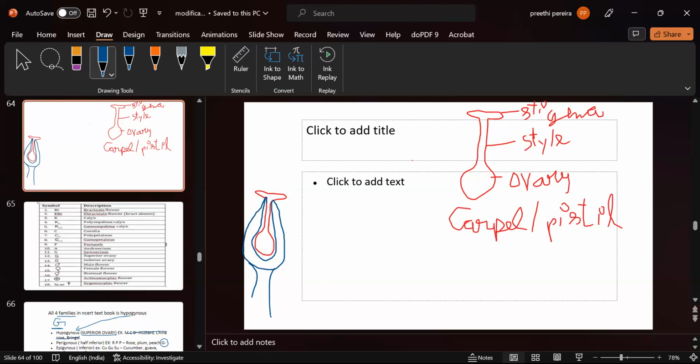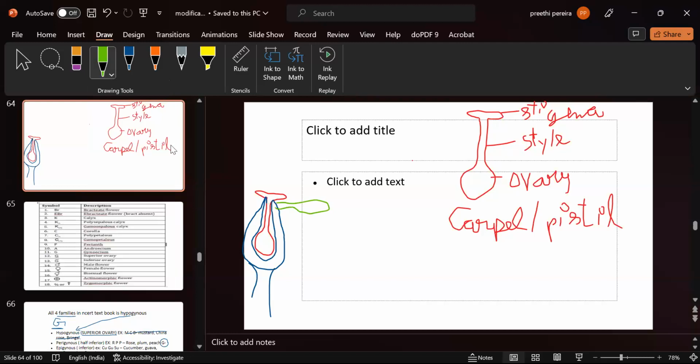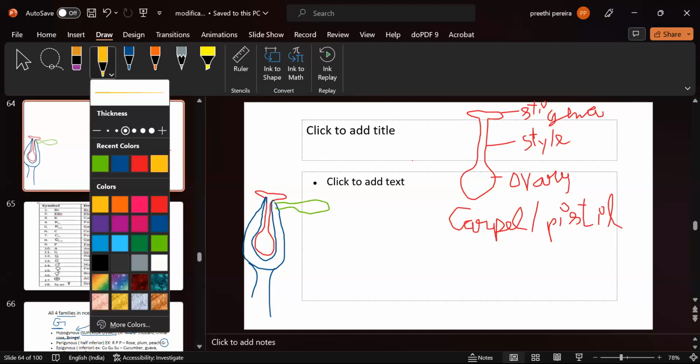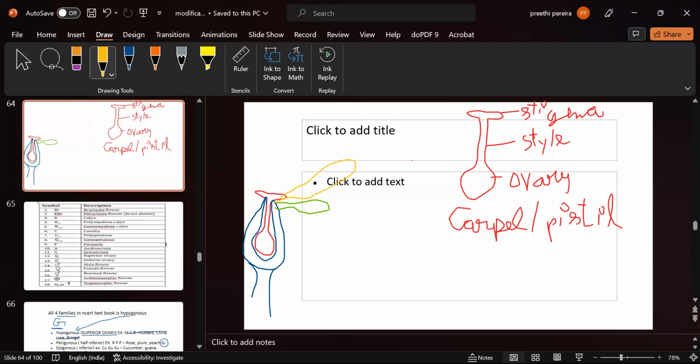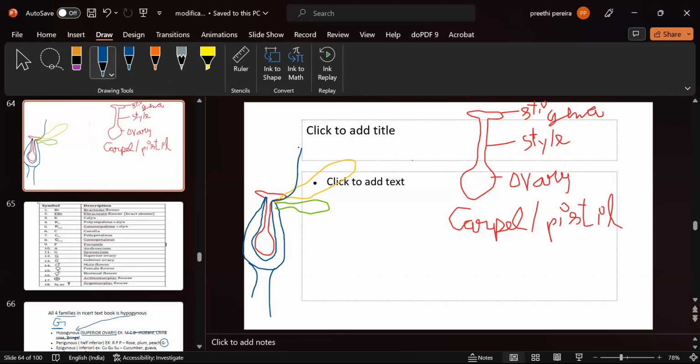Okay. So this is the thalamus. Now the gynoecium, the other whorls are going to come from here. This is the sepal. These are the petals. And this is the stamens.